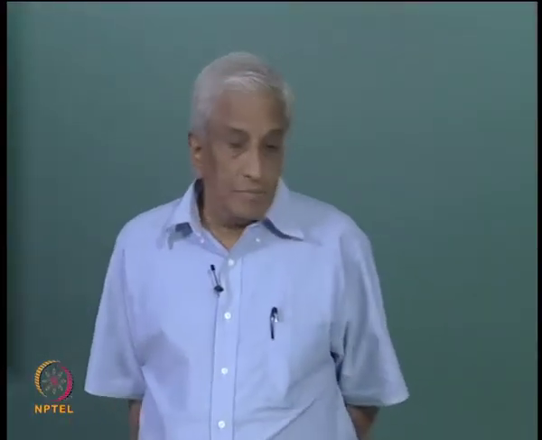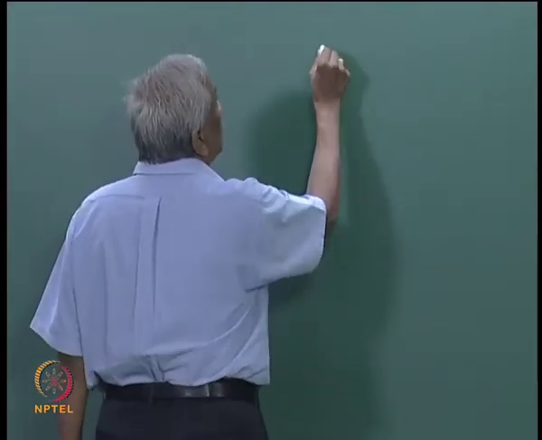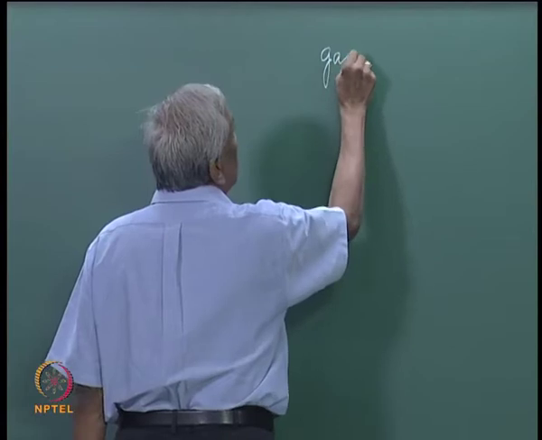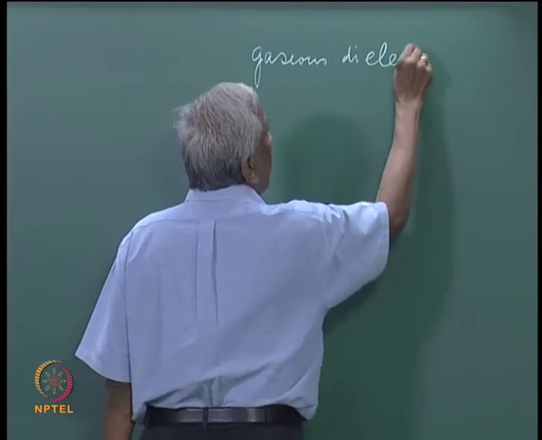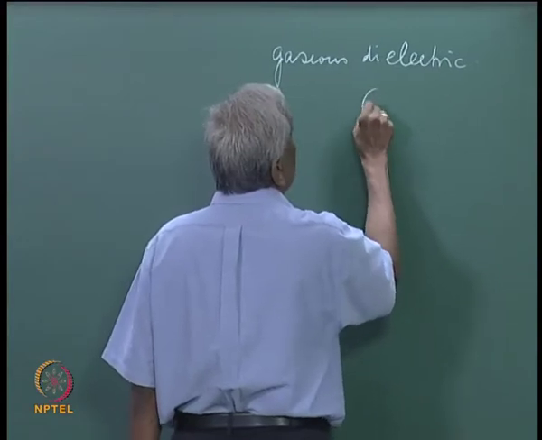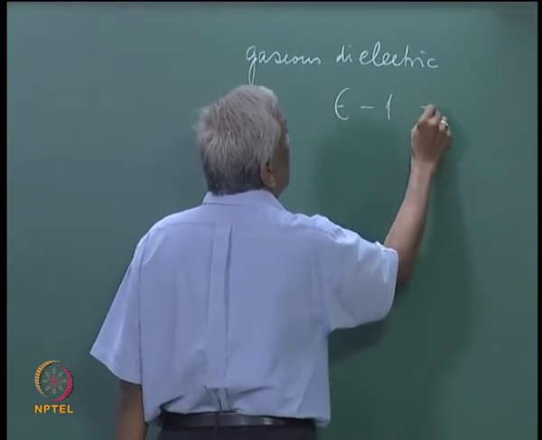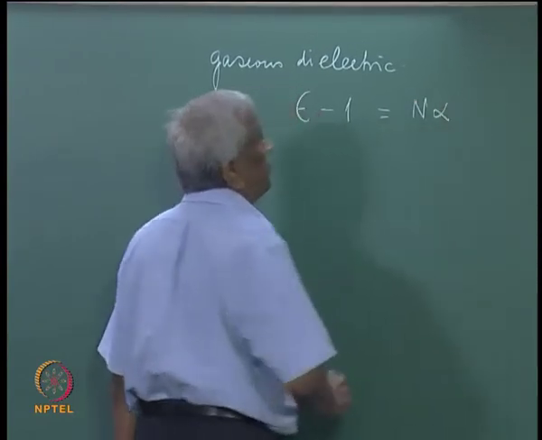In the last lecture we discussed the basic mechanism of polarization of a dielectric medium, and we saw that in the case of a gaseous dielectric, we have the relation epsilon minus 1 equal to n alpha.